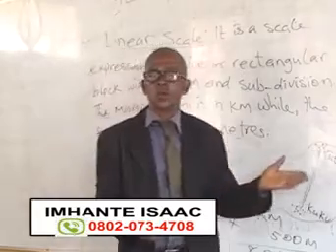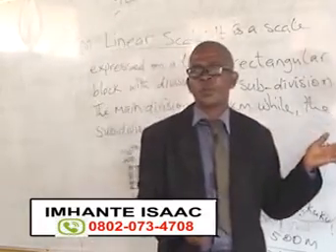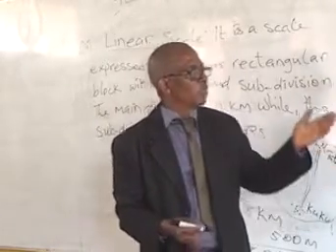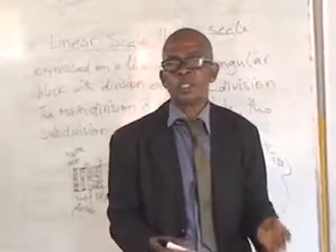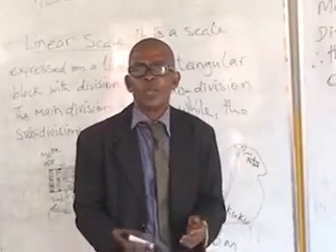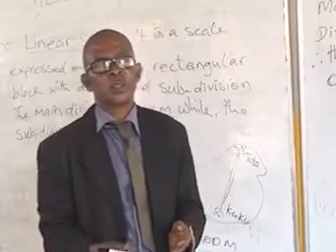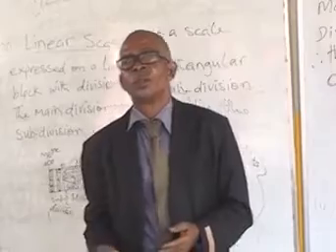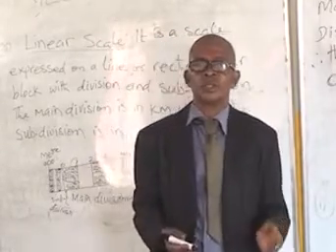And we went further to practicalize it using the hypothetical map and the hypothetical distance. And we demonstrated that on the board. From there, we went to linear scale. Linear scale is expressed on a line or rectangular block with major division and subdivision.